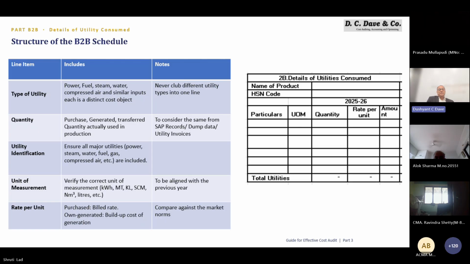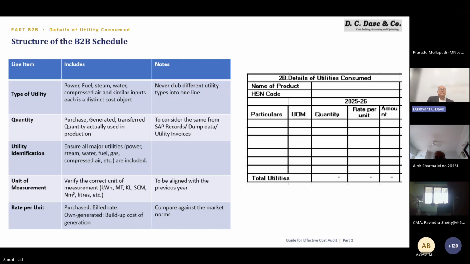And also, for the purchased power of 8, not only last month, you should see the average of the last 12 months, because the grid also keeps on giving you a volatile rate of purchase. So whenever auditing utilities, ask the management: have any new boilers been installed, has the fuel type changed, have electricity tariffs changed, has renewable energy been introduced, have you introduced any windmill or solar panels, has any government subsidy been received, has production shifted between the plants?